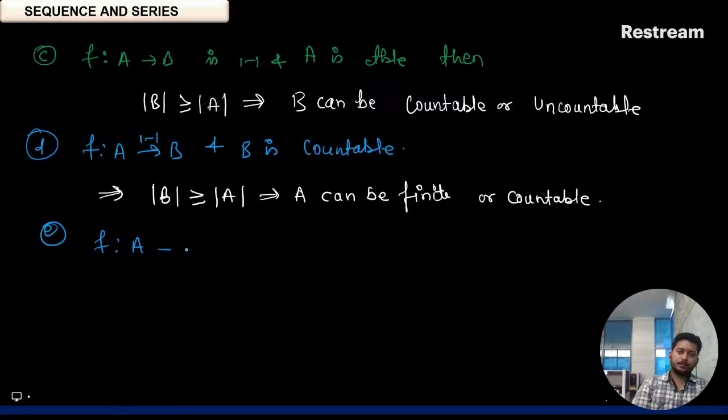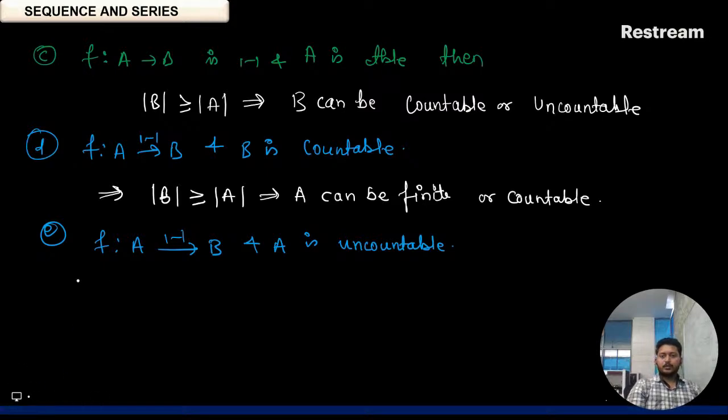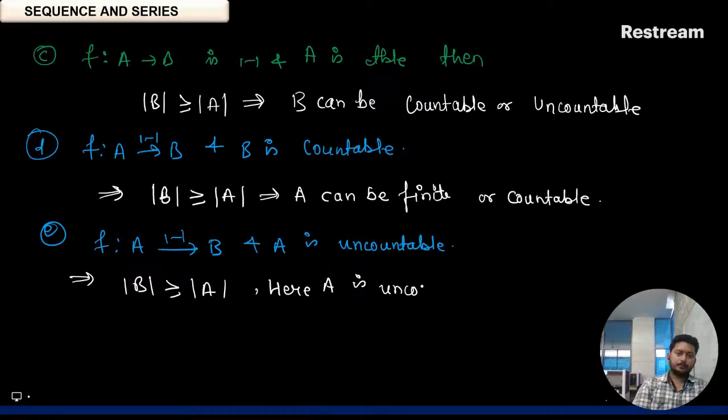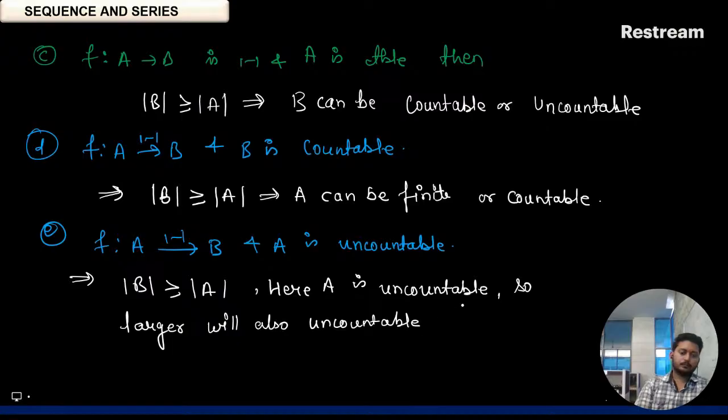If mapping from A to B is one-one and A is uncountable, then it means cardinality of A is less than or equal to cardinality of B. Here A is uncountable, so the larger one will also be uncountable. Here B must be uncountable.